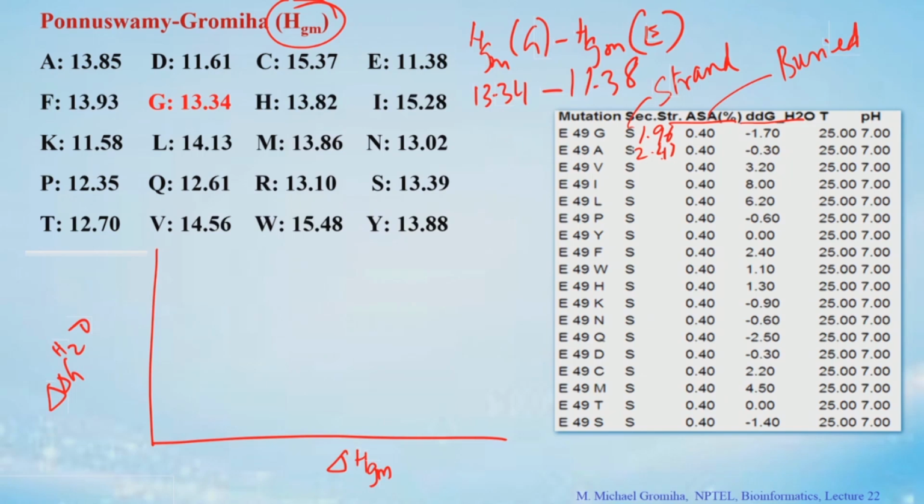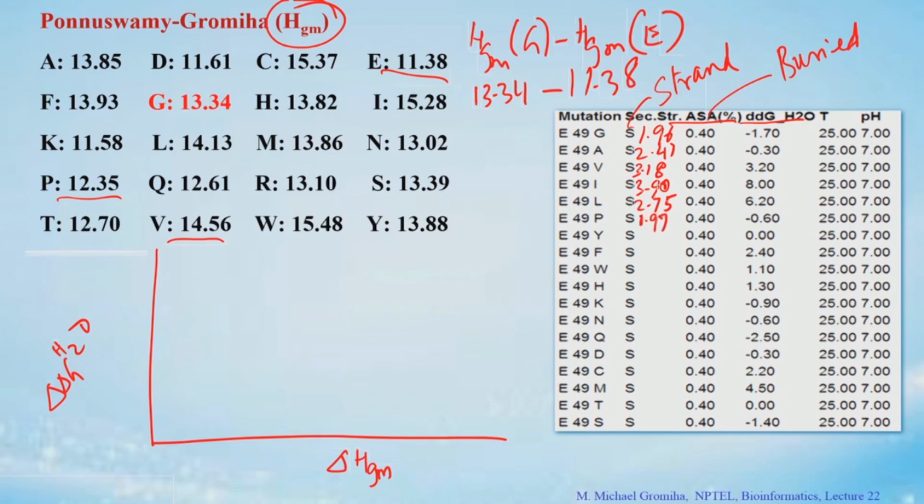And the third one, E49V. With this, V minus E is equal to 3.18. E49I is equal to 3.90. E49L is 2.75. E49P, how to do this? 12.35 minus 11.38, which is E, this is equal to 0.97.